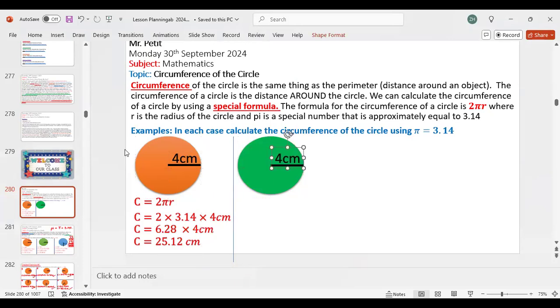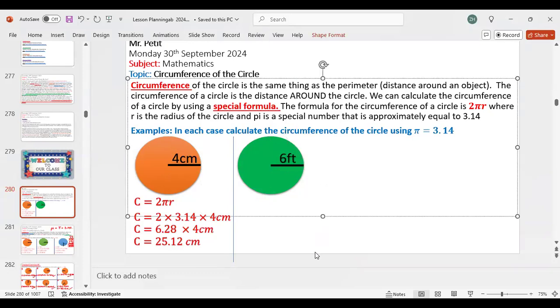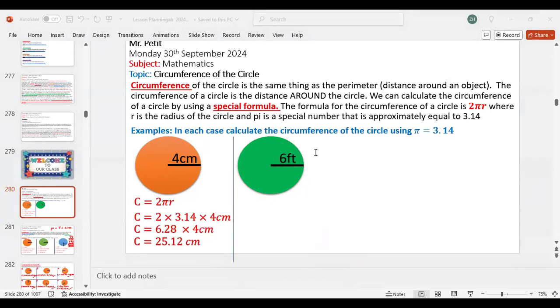So let's say that the radius in this case was 6 feet, right? That's a long radius. All right, if you understand how to do it, go ahead and do it inside of your book. If you do not, let's do it together.